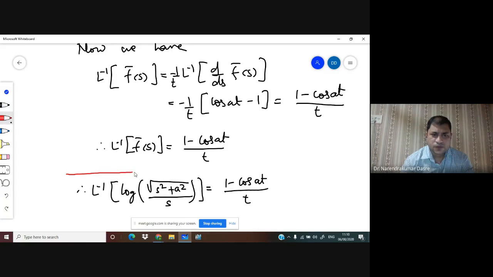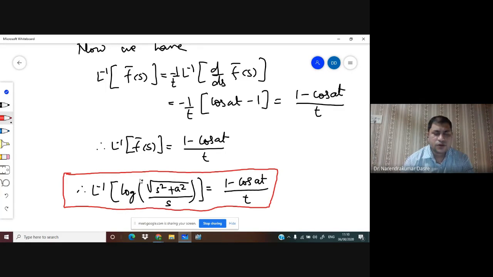So that's what we can have the Laplace inverse transform for this function.